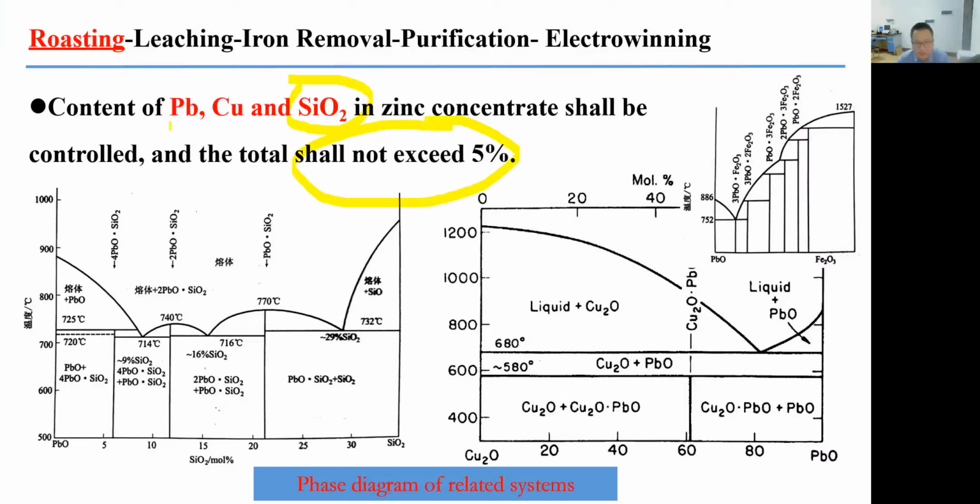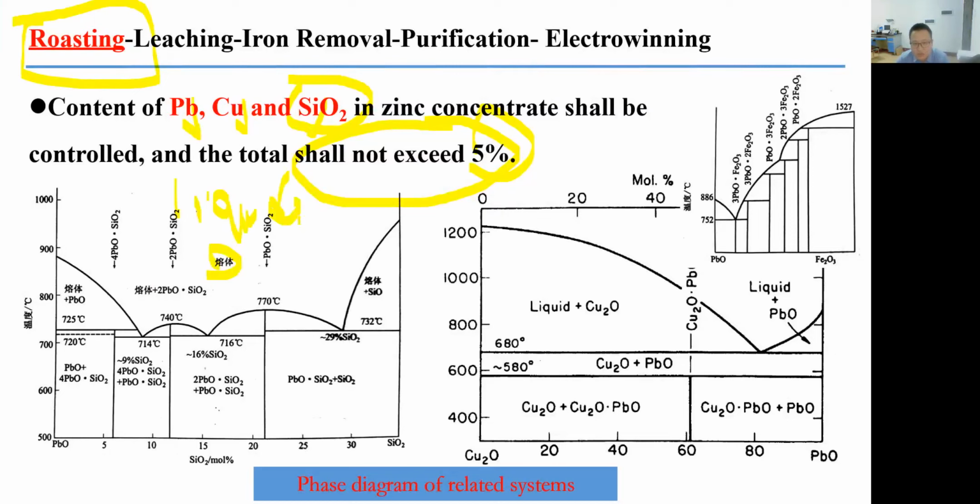When the total amount of lead, copper, and silica oxide is higher than 5%, the roasting process will have large challenges, a lot of problems. The reason is the formation of some liquids. So this is a fully liquid region.